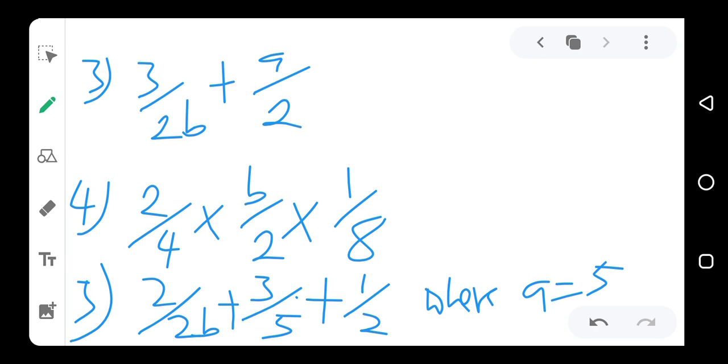So when you solve it, you put the value of a and then you simplify further to get the final value.